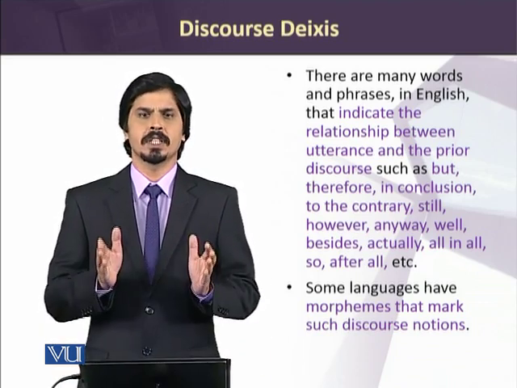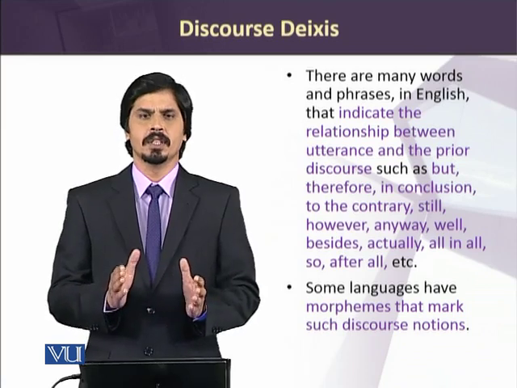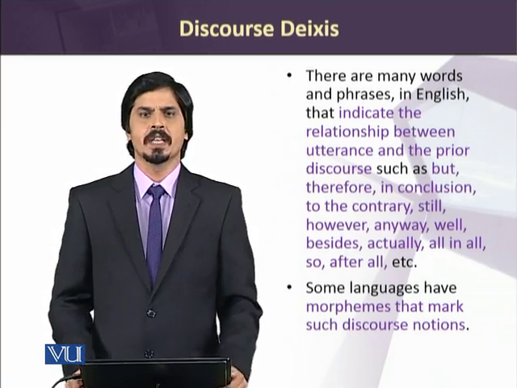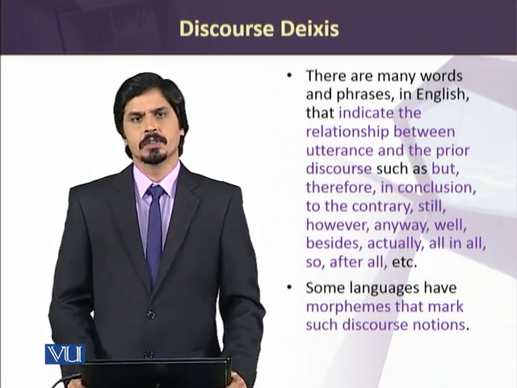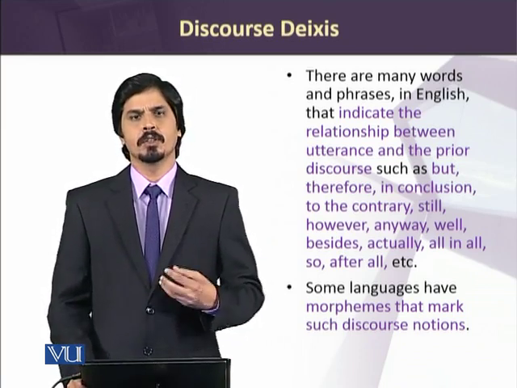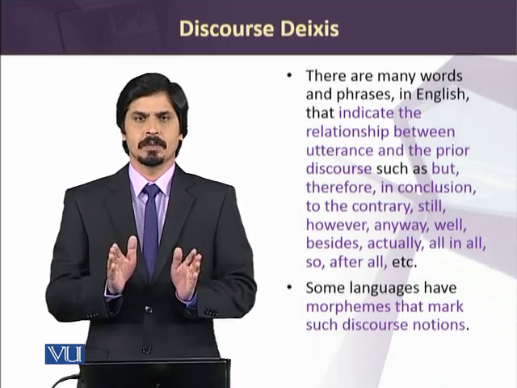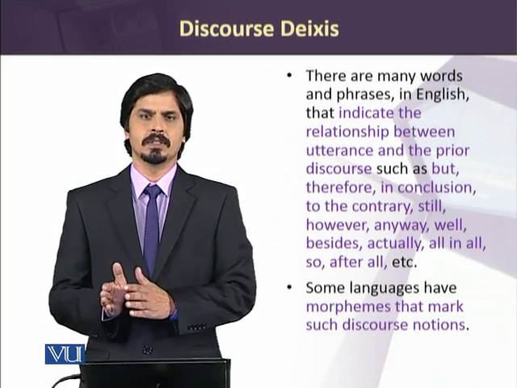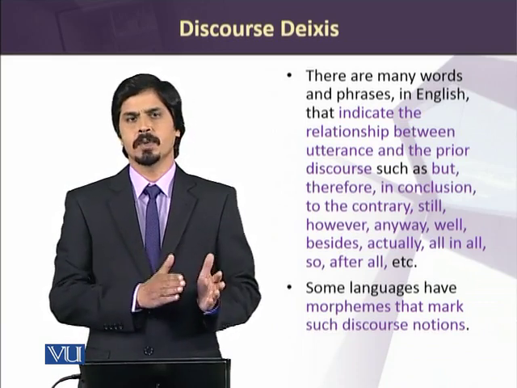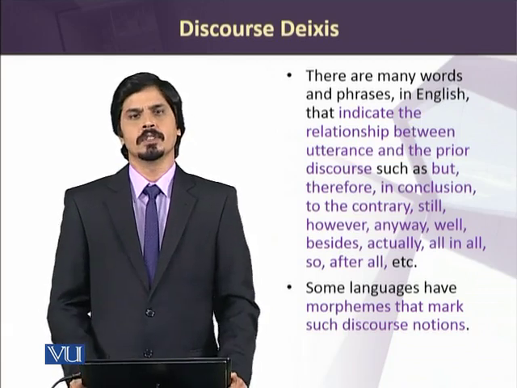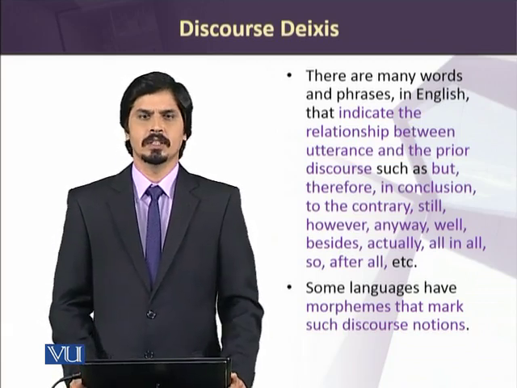What I'm saying right now may have a connection with what I said earlier or what I may say in the following lines. So there might be a relationship, and all those words which create a relationship between the present text and the text which has been said or written earlier or which might be said or written later are the discourse markers or discourse deixis.